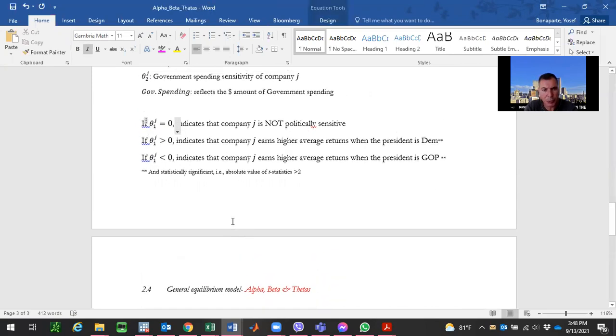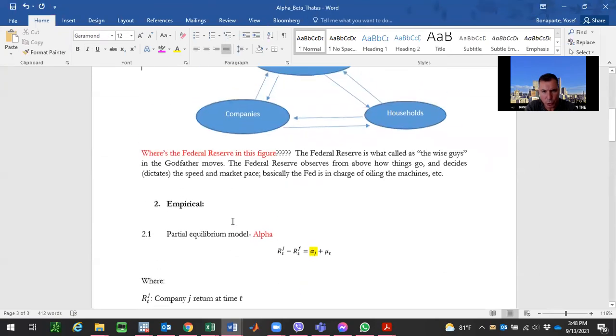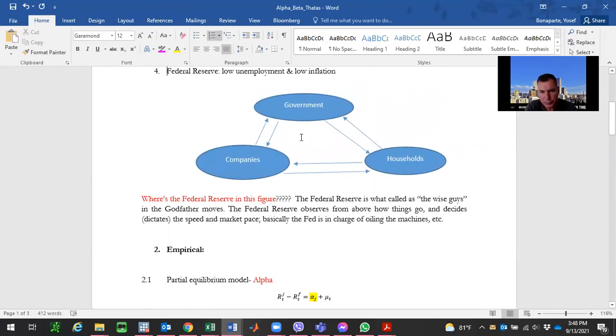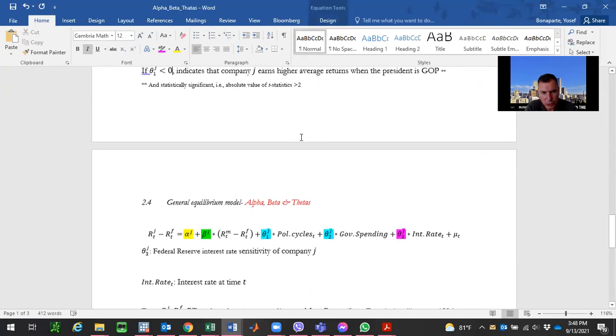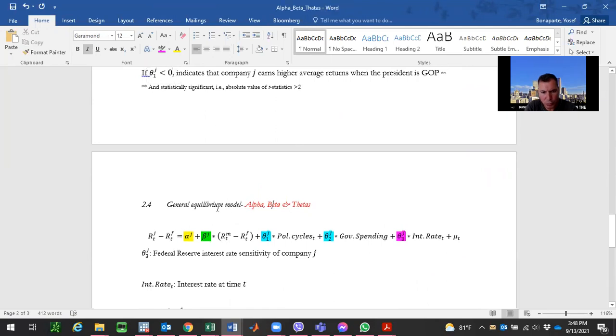In 2.3, we added the government. Now we need to introduce the Federal Reserve. The 2.4 model is the general equilibrium model. Now we're going to add the Federal Reserve with the interest rate, the effective interest rate.